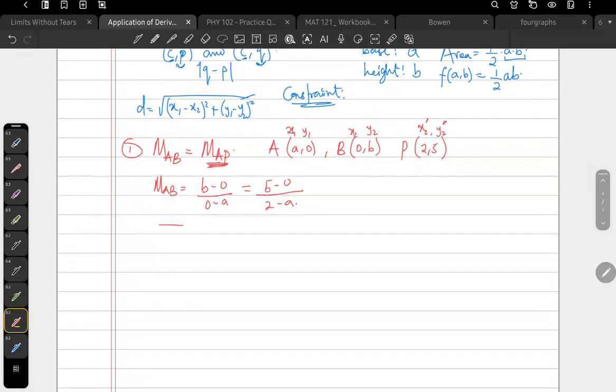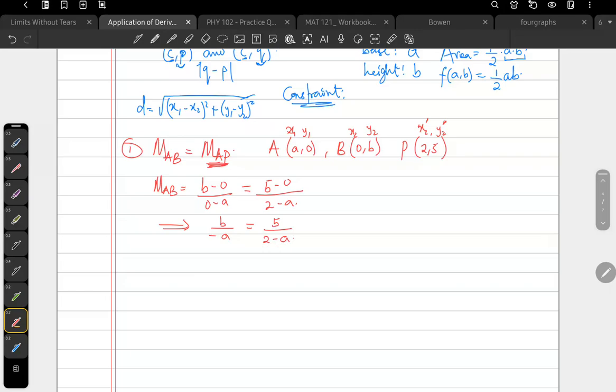So this implies that b over negative a is equal to 5 over 2 minus a. Don't forget that what we are aiming at is to express a in terms of b, or b in terms of a.